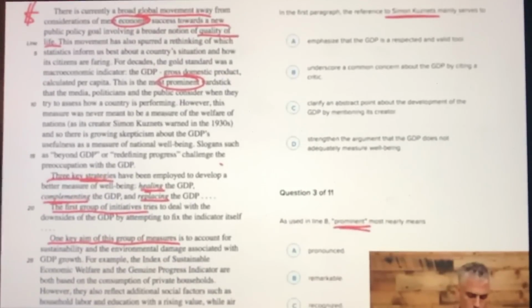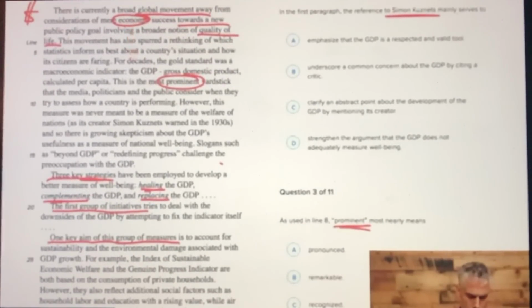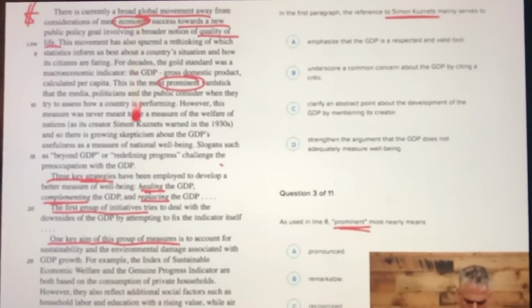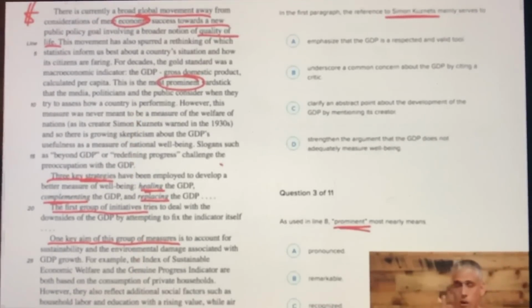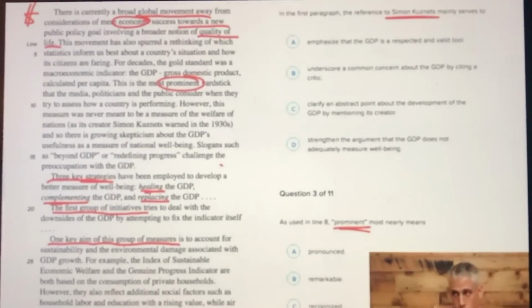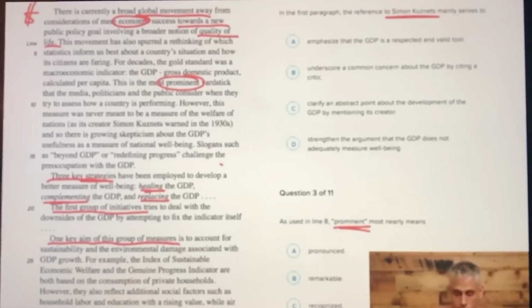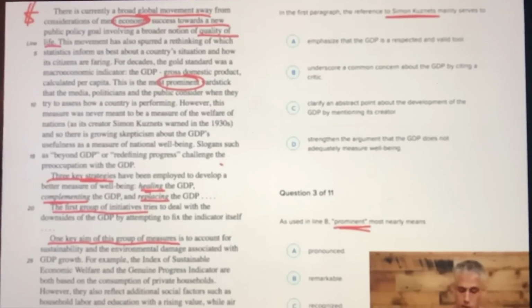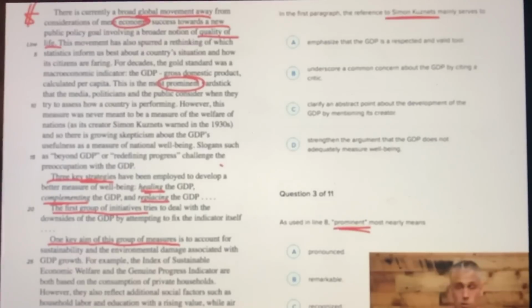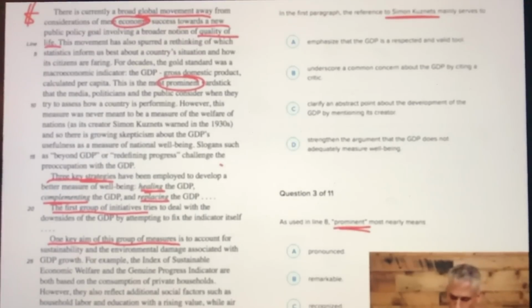One other thing that you could think about doing when you're scanning, if you find yourself short on time on the reading section, is that you can basically bring your finger down the center of this text. I'm not recommending this if you're not short on time. If you're the sort of test taker who runs out of time in the reading section and you need to pick up some points, you might find yourself looking for names like Simon Kuznets because you just don't have enough time to finish reading the passage.